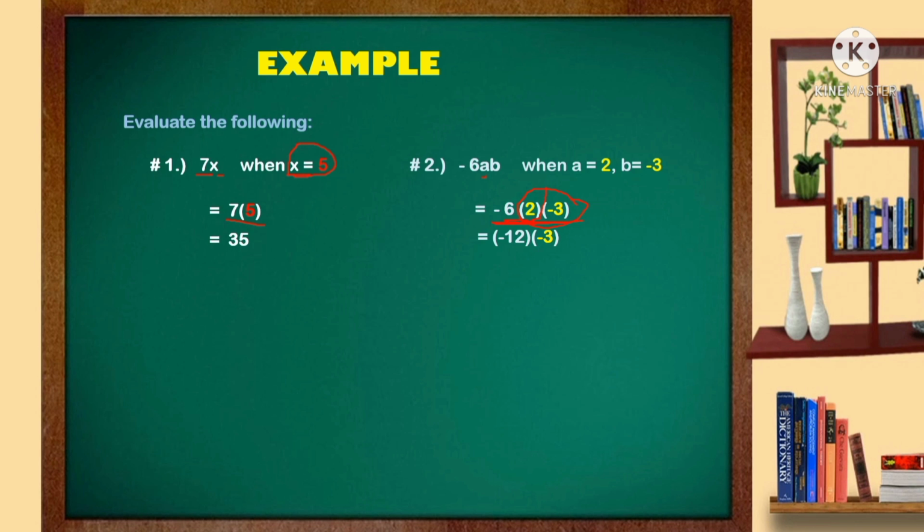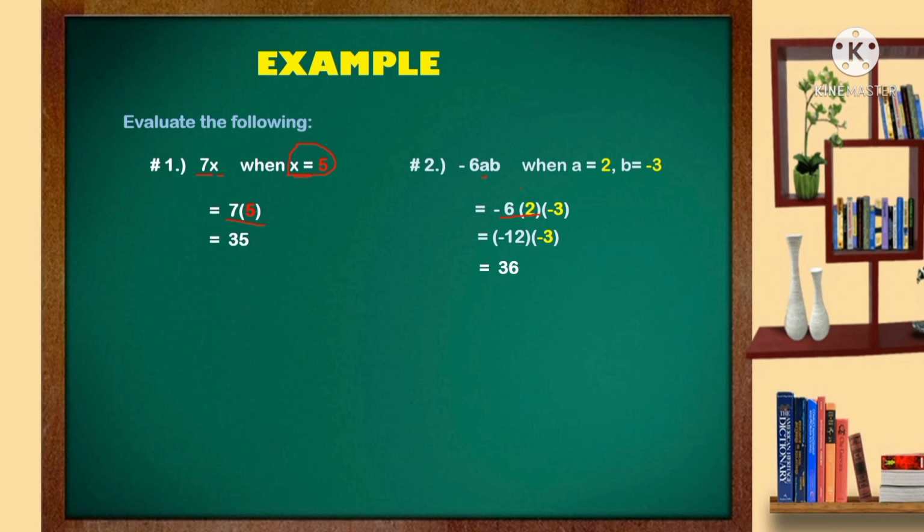Sorry, I first multiply this one. The negative 6 and the positive 2 becomes negative 12.